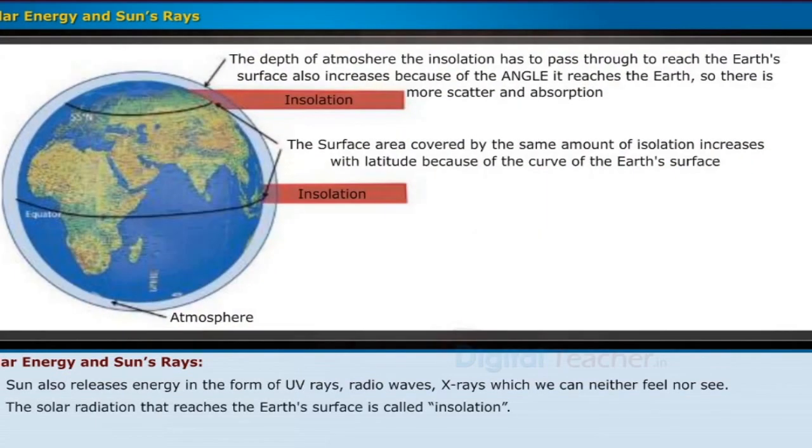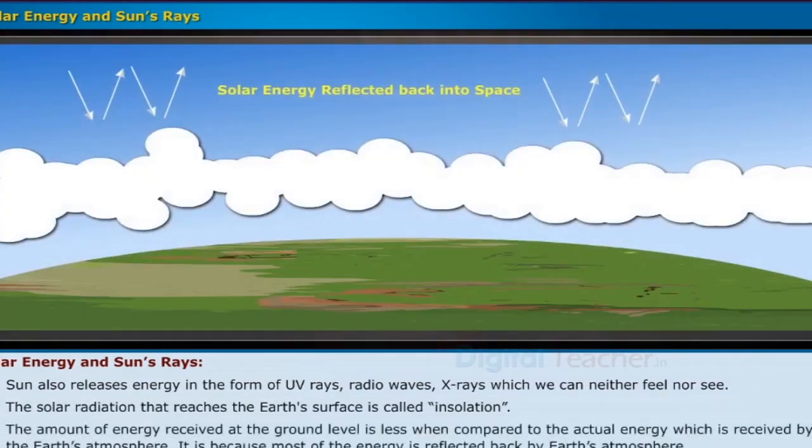The solar radiation that reaches the Earth's surface is called insolation. The amount of energy received at the ground level is less when compared to the actual energy which is received by the Earth's atmosphere. It is because most of the energy is reflected back by Earth's atmosphere.